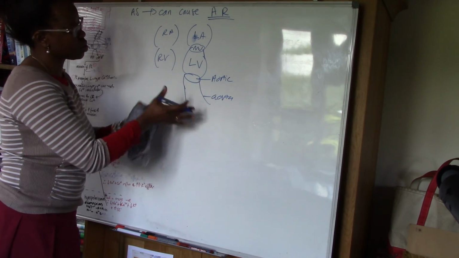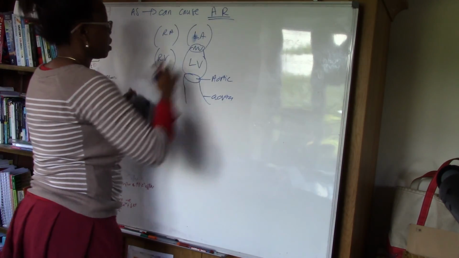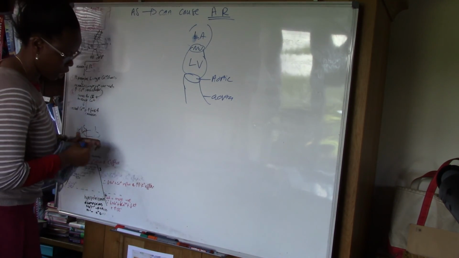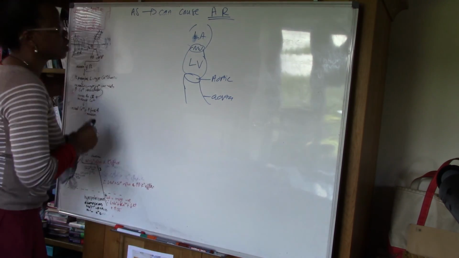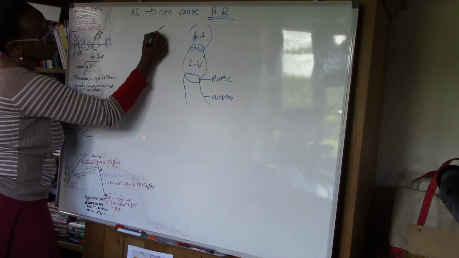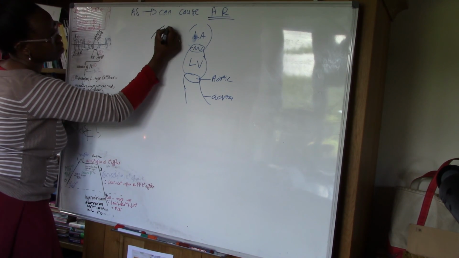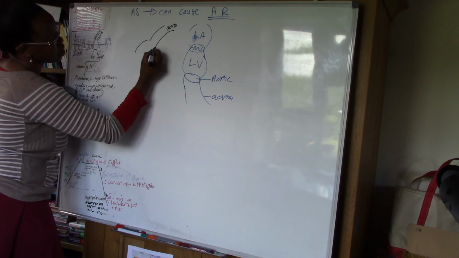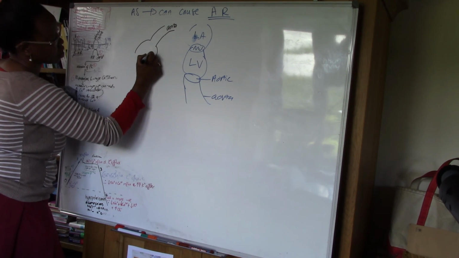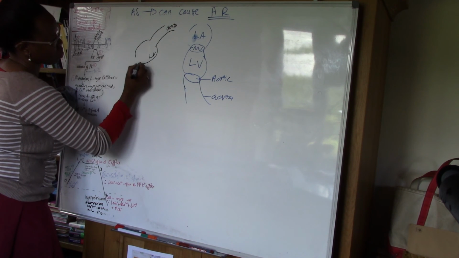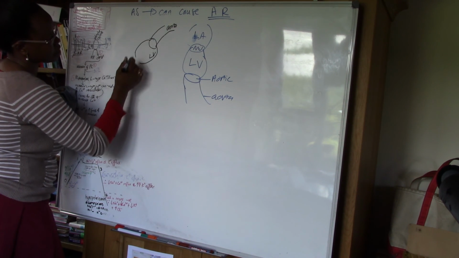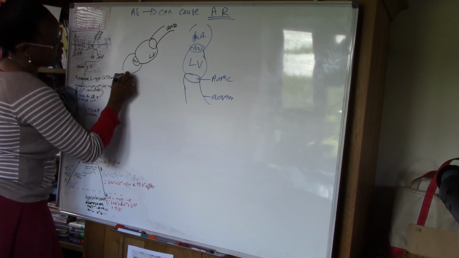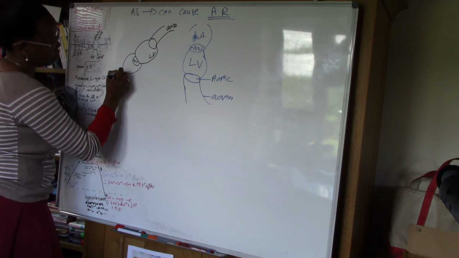So if I was to flip this over, just to make life a bit easier for me. So this is the aorta, and this is the left ventricle. So the valve is there. This will be the mitral valve and the atrium.